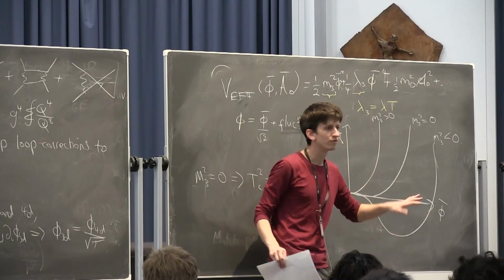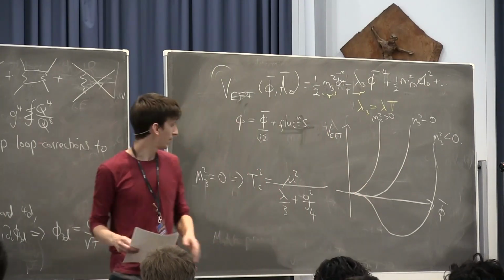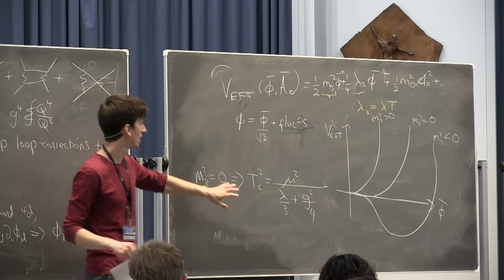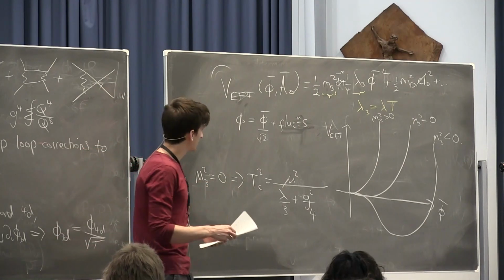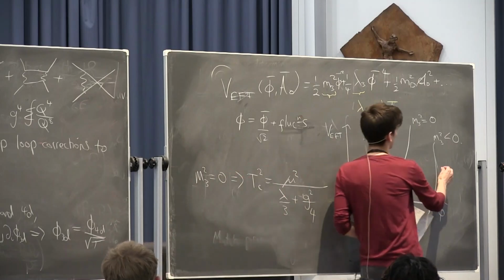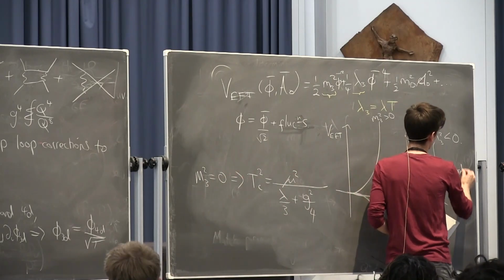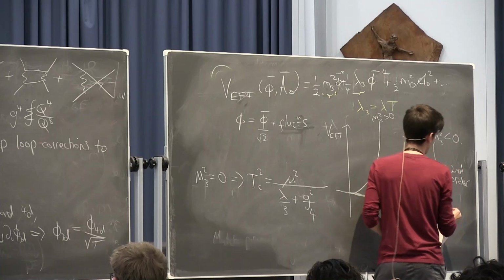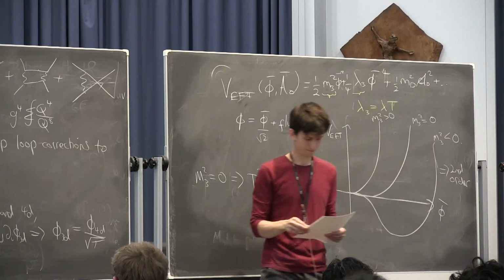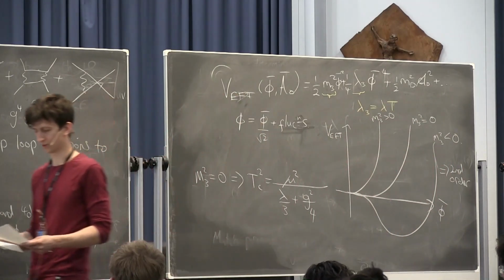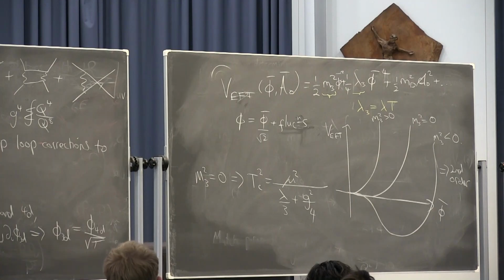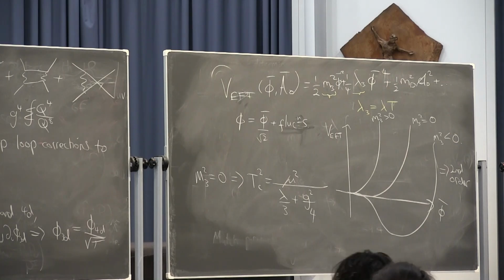At low temperatures, we're in a broken phase in the usual story. And there's some critical temperature in between. This is a second order phase transition. Yeah, we'll look at that more in the exercises.